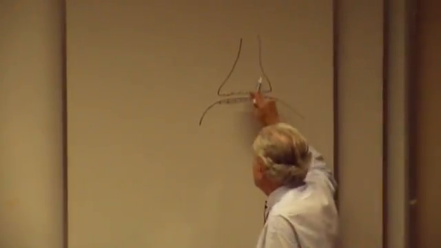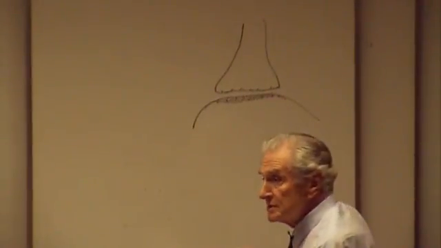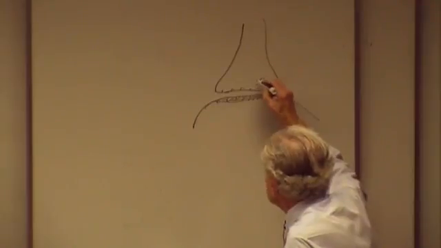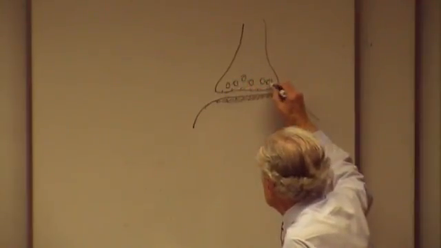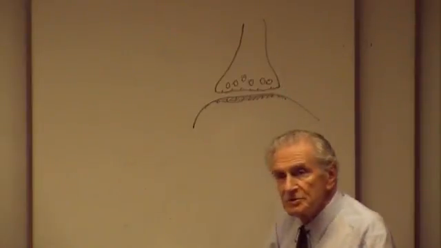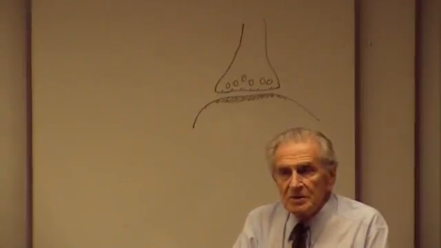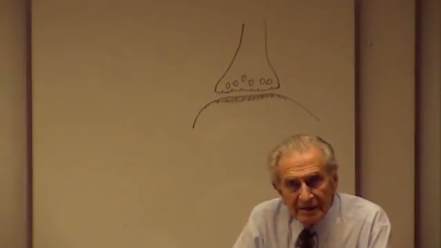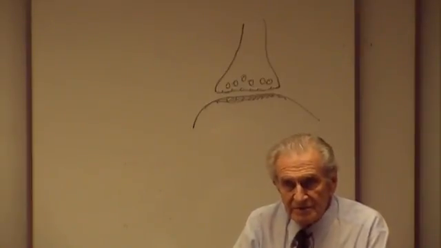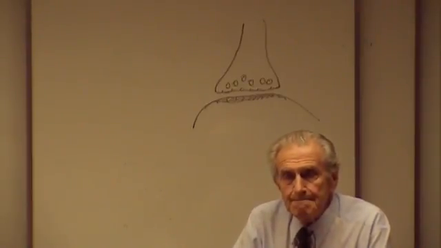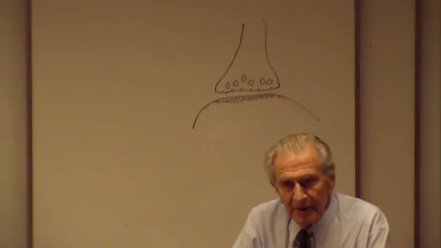And another element in the Gray type 1 synapse, which is quite consistent, is when you look at the vesicles, these little reservoirs of neurotransmitter, the vesicles were spherical. So we might say that Gray type 1 synapses were characterized by spherical vesicles, there was some argument about that, and enhanced thickness of the postsynaptic membrane.